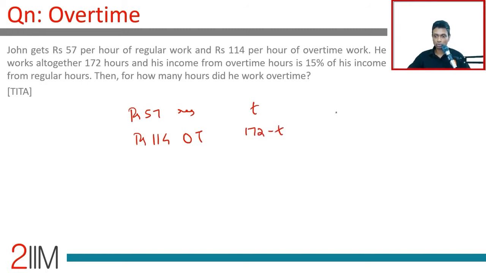So 57T is the total he gets from this. 114 into 172 minus T is the total he gets from overtime. Income from overtime hours is 15% of this.